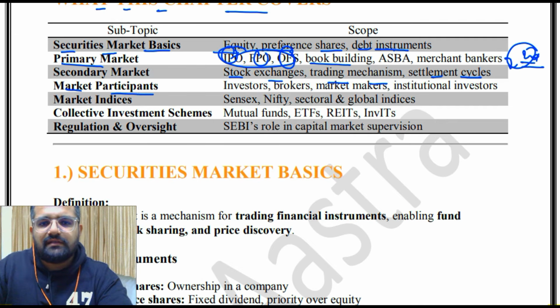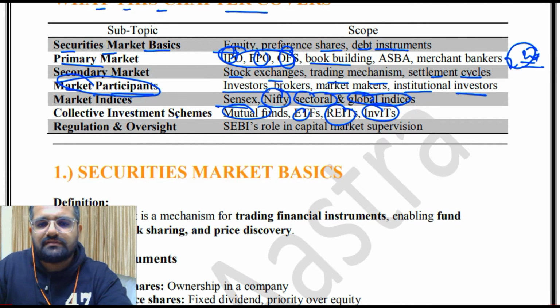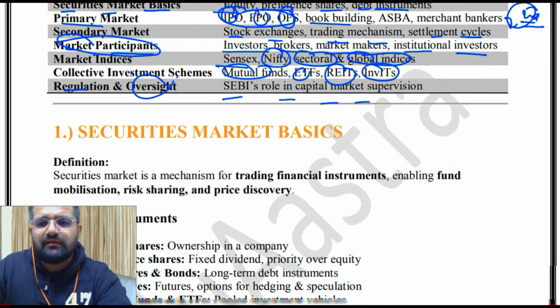Then market participants, investors, brokers, market makers, institutional investors, all of these are who are the participants in the market. Market indices, Sensex, sensitive index, then Nifty, then sectoral and global indices, then collective investment schemes, that is mutual funds, ETFs, REITs and InvITs, then regulations and oversight, SEBI's role in capital market supervision.